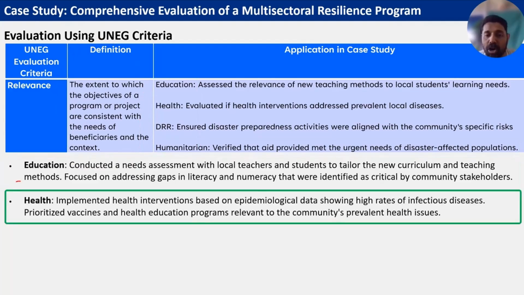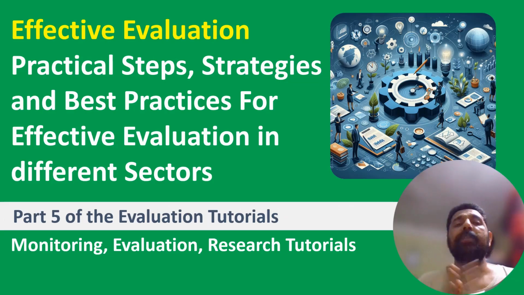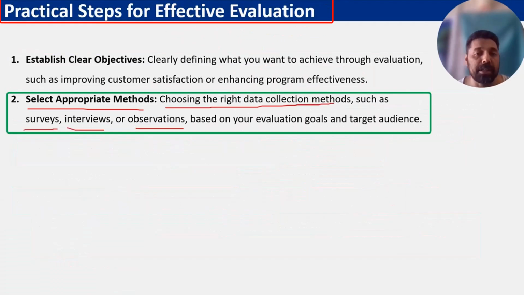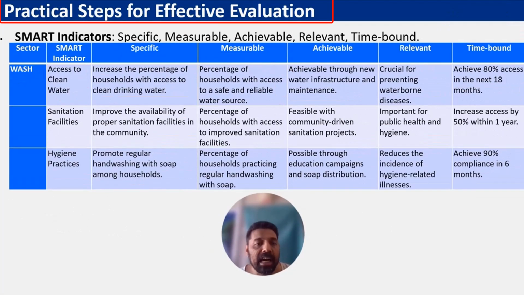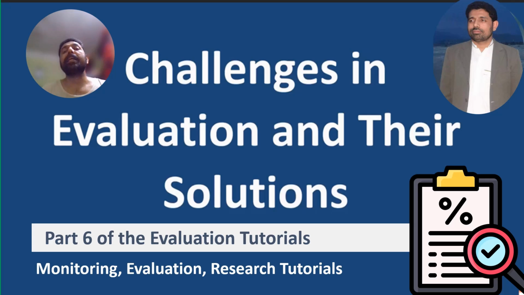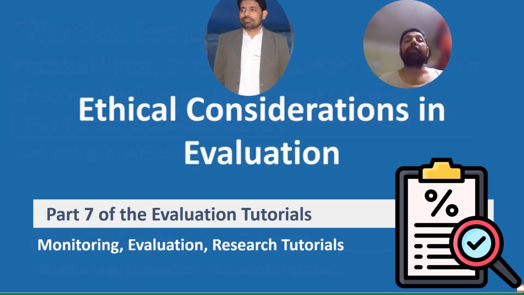In part 5 of the evaluation series, we will discuss practical steps, best practices, and strategies for effective evaluation. Similarly, in part 6, we will discuss challenges in evaluation and how to overcome those challenges. And then in part 7, we will discuss ethical considerations in evaluation.